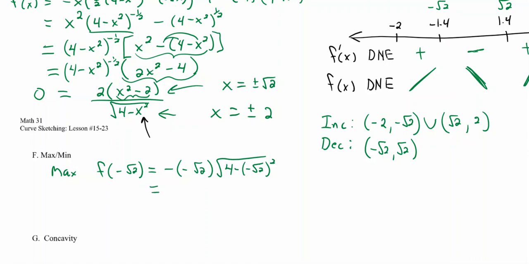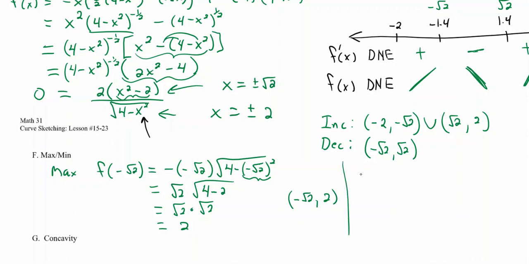So this ends up being, well, this would just be root 2 for the first one. And then be careful on this one, because that negative is going to become positive because I'm squaring it, and the square root of 2 squared is just 2. So this becomes 4 minus 2, which is just root 2 times root 2, which is equal to 2. That worked out nice. So your max point there would be the point negative root 2 comma 2.